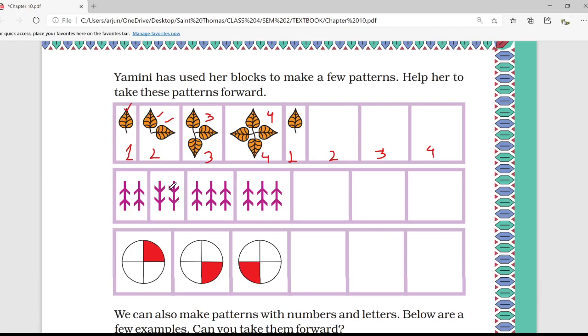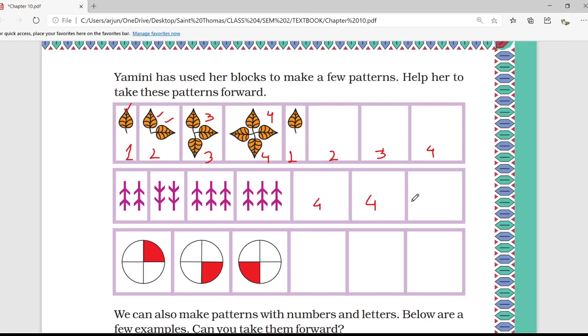See here also, 2 arrows upward, 2 arrows downward, then 3 arrows upward. Now what will come next? See what can be the pattern formed. There are 2 arrows, then they have gone to 4 arrows. So we can go for 4, here 2, then 3, then what will come? 4 obviously, and here two pairs are there.